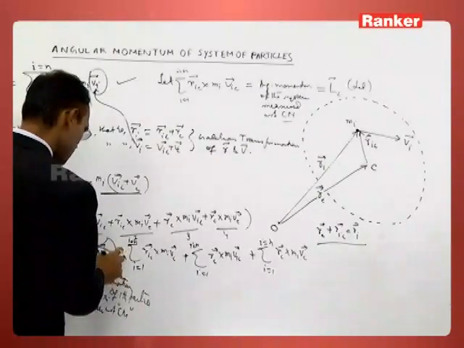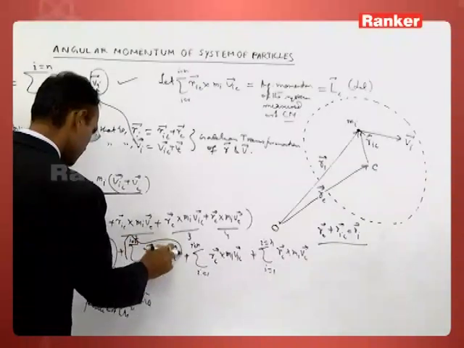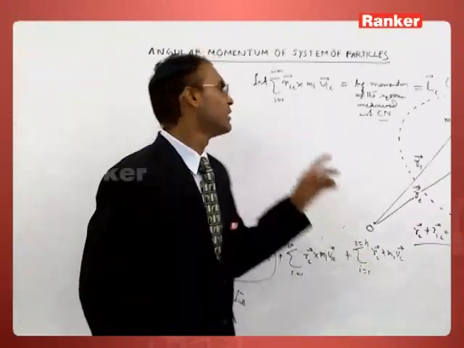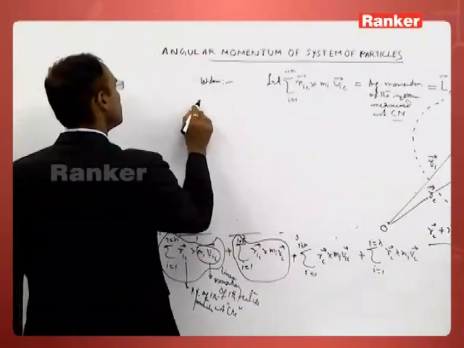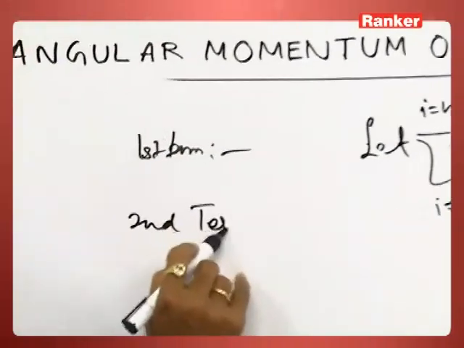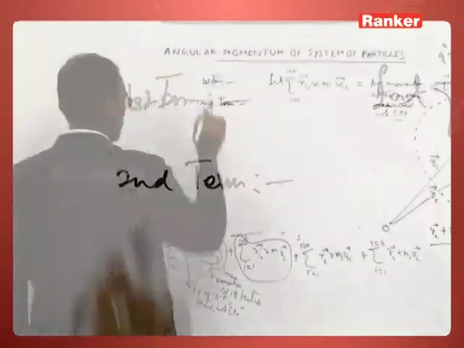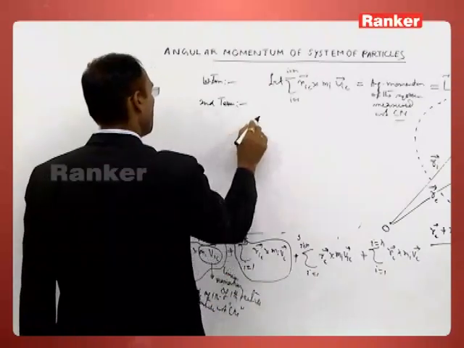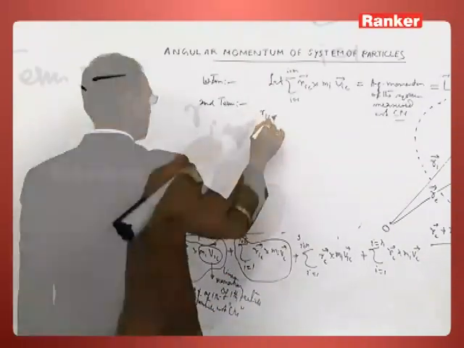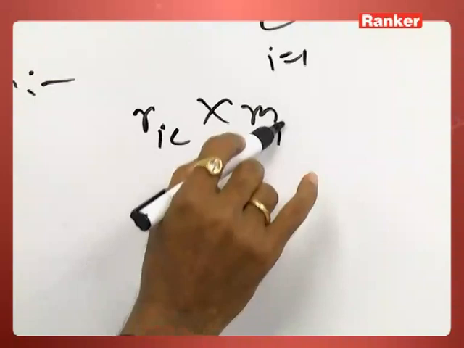Now come to the second term. Let us take the second term, r_ic cross m_i v_c.